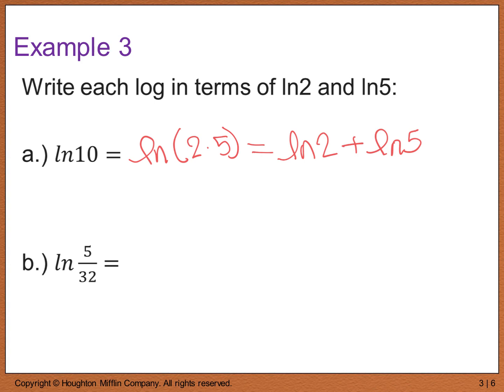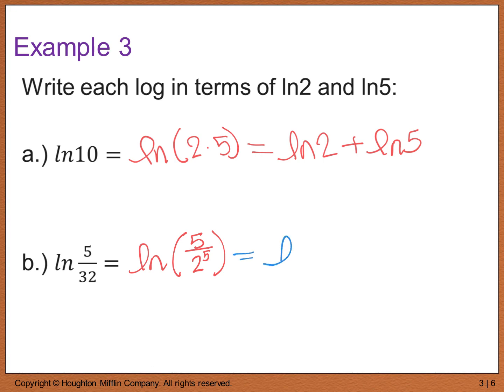Now for part B, I have the natural log of 5 divided by 32. Well, if I want to write this in just terms of 2's and 5's, 32 is really 2 to the 5th power. So because I'm doing a division problem, remember, the property of division for logs tells me I'm going to turn that into a subtraction.